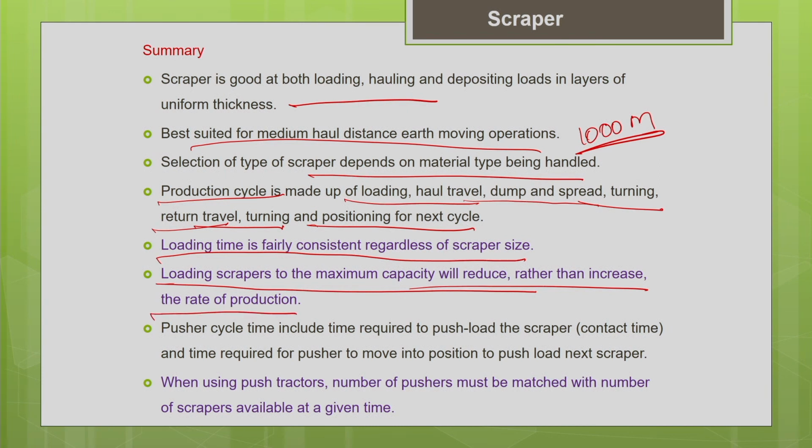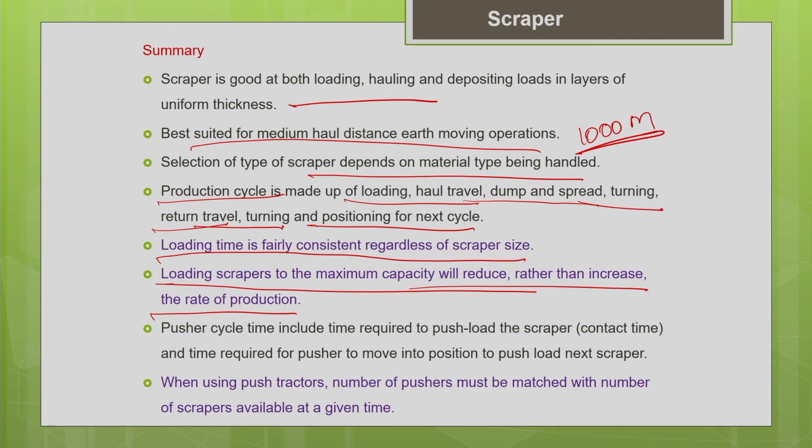So, we should not try to load the scraper to the fullest capacity, because we saw that as the scraper bowl is almost full, the incoming material will encounter resistance from the material which is already lying inside the bowl. Okay. So, unnecessarily it will result in an increase in your loading time. So, do not try to load the scraper bowl to its fullest capacity.